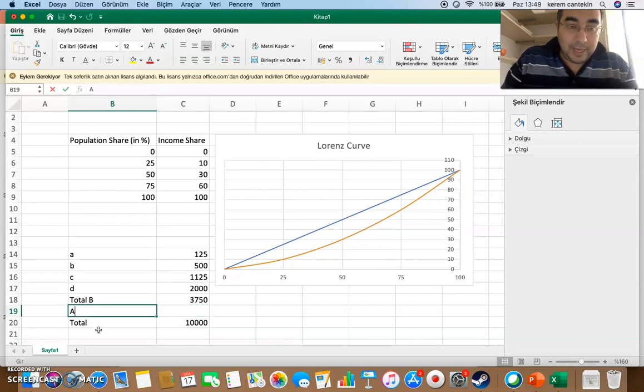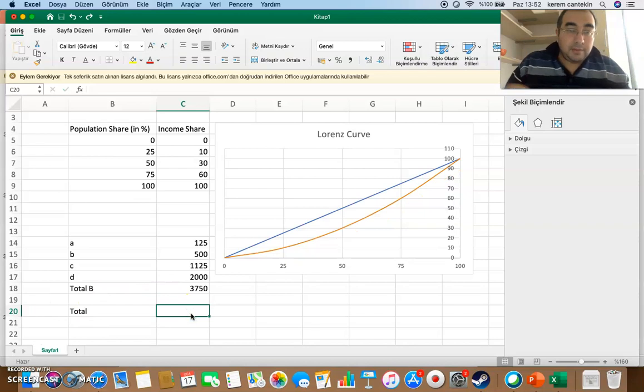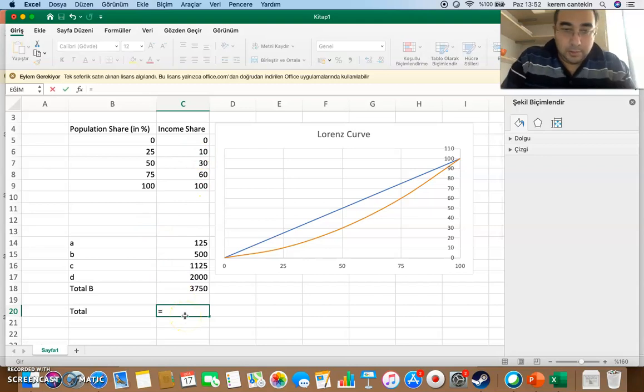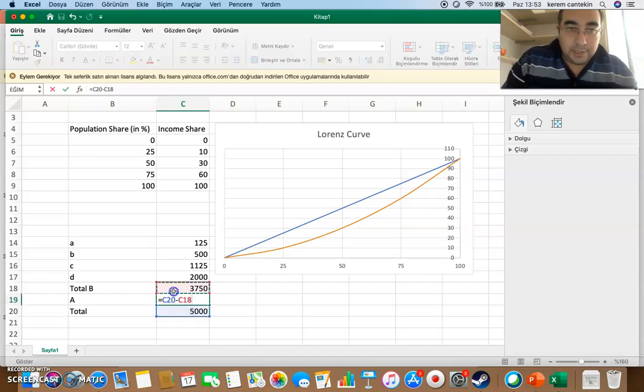So area A is, well, basically I should calculate 100 times 100 times 0.5, and to calculate the area A, I should subtract from this number.